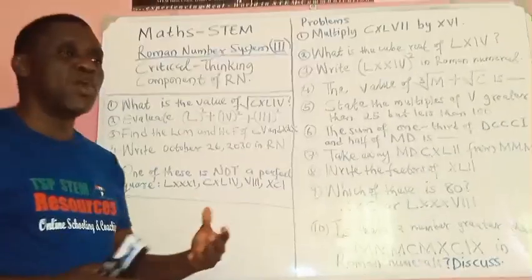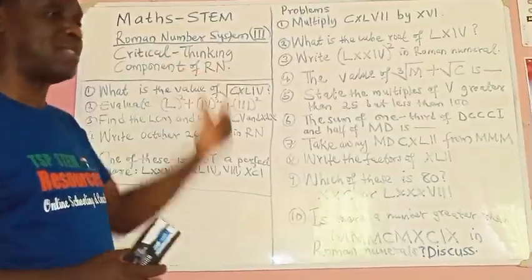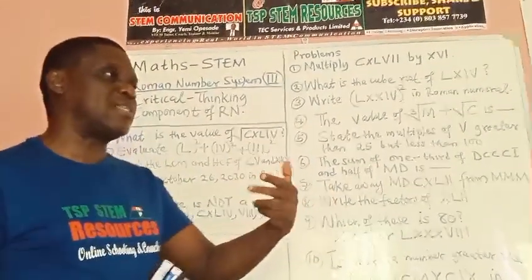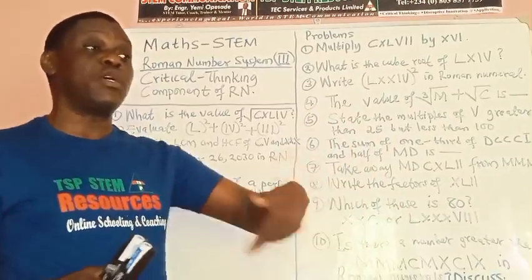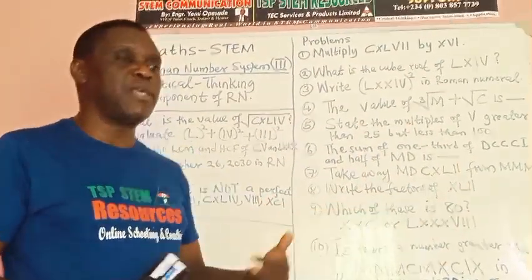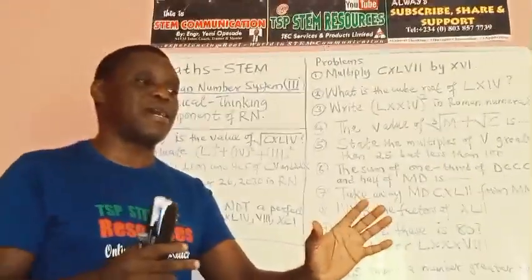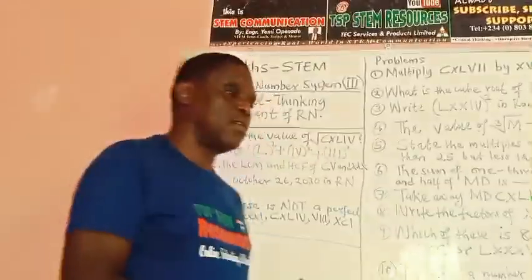So in part 3, we will now be looking at the critical thinking component of the Roman number system. Don't forget that every knowledge is meant to steer you up to critical thinking, which can lead you to disruptive innovation. It is disruptive innovation that makes you stand out of the crowd in life purpose delivery and in workspaces.